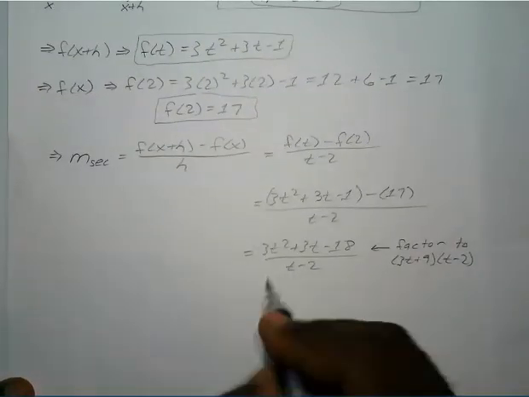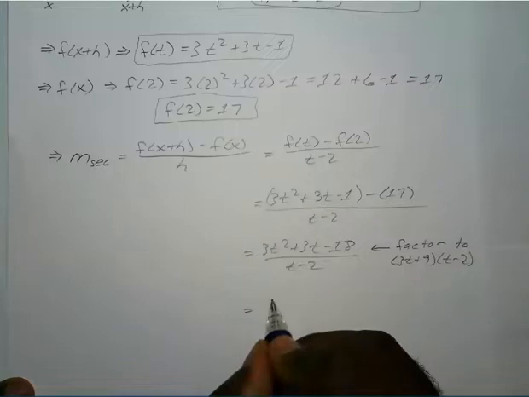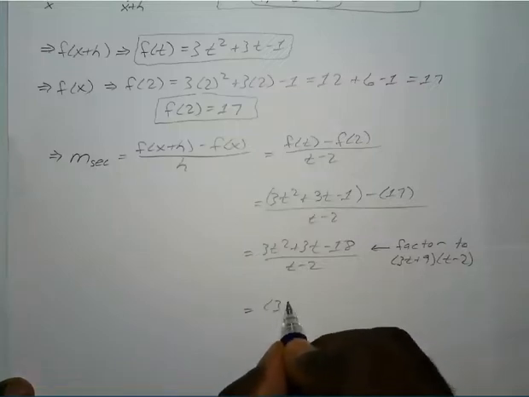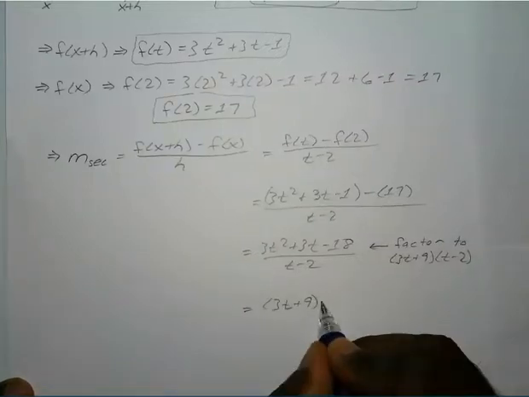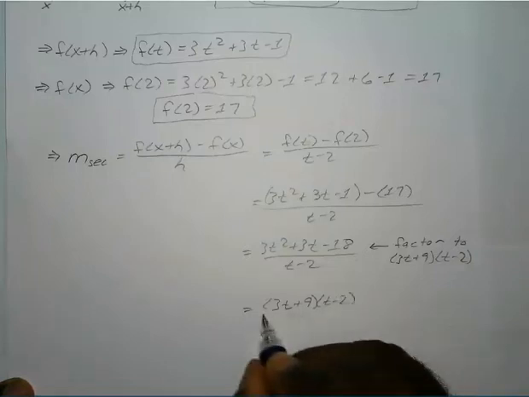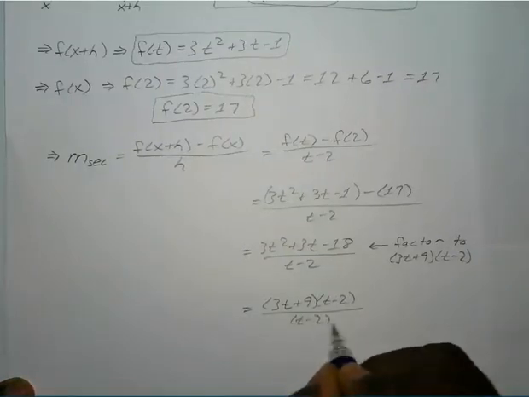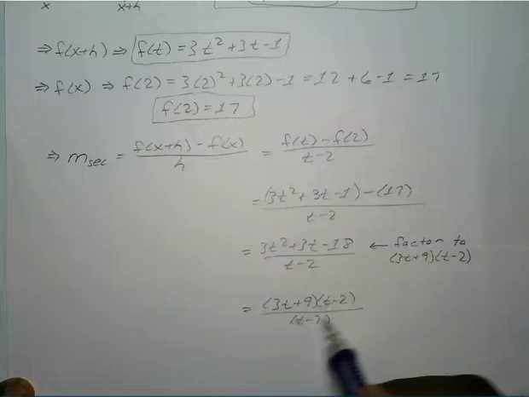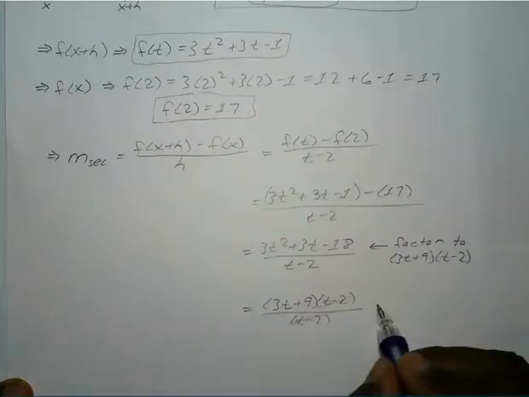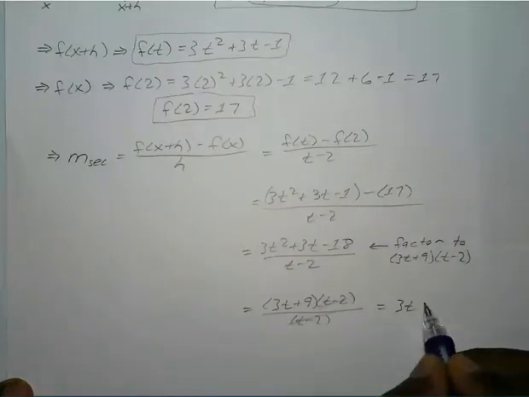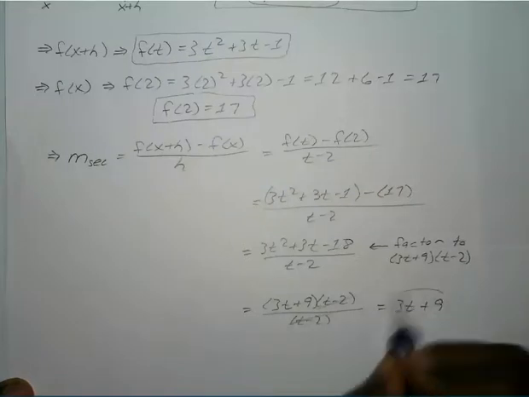So that's going to be 3t plus 9 times t minus 2 all over t minus 2, where of course these two are going to cancel out. So it's going to be 3t plus 9.